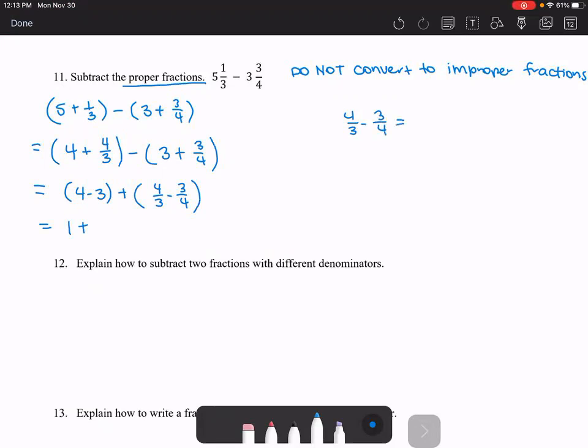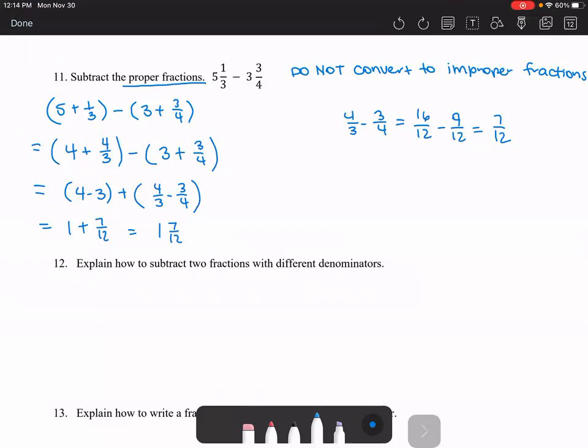The common denominator here is 12. So 4 times 4 is 16 over 12, minus 3 times 3 is 9 over 12. And so this is going to give us 7/12. So this is 1 plus 7/12, which is 1 and 7/12.